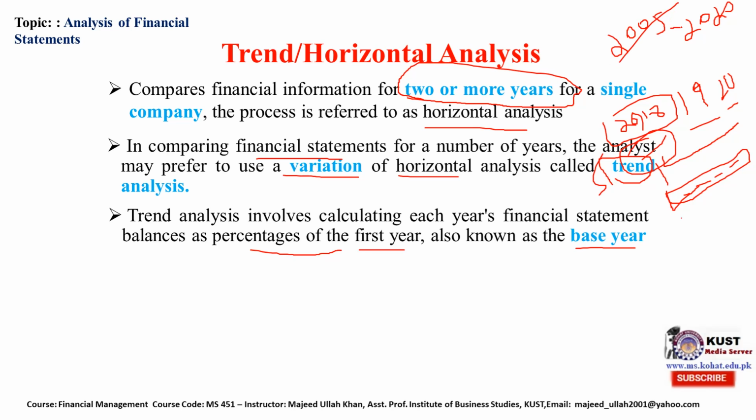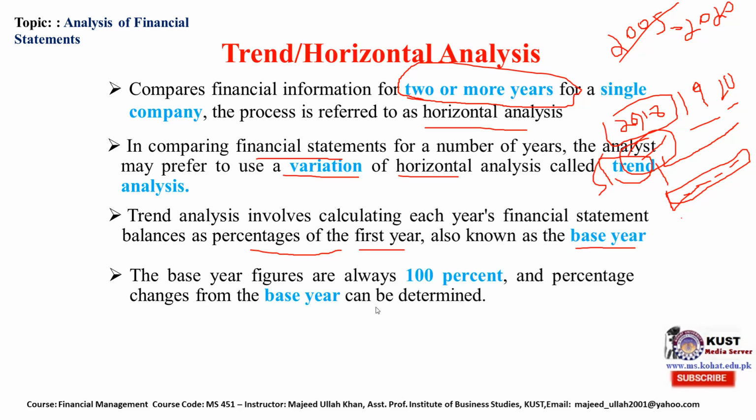We will express each item as a percentage of 2005. The base year figure is always equal to 100%. Each item in the income statement as well as in the balance sheet will be expressed as 100%, and then the percentage of change from the base year can be determined.